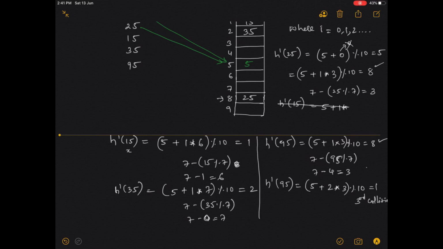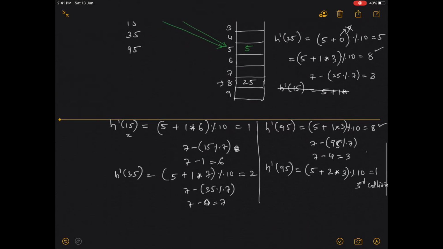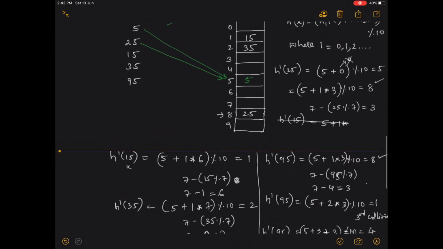Once it was at location 5, then 8, then again at location 1 where we have stored 15. So again we have to change i. h'(95) becomes 5 plus 3 into 3, mod 10, which is location 4. So in location 4 you store 95.